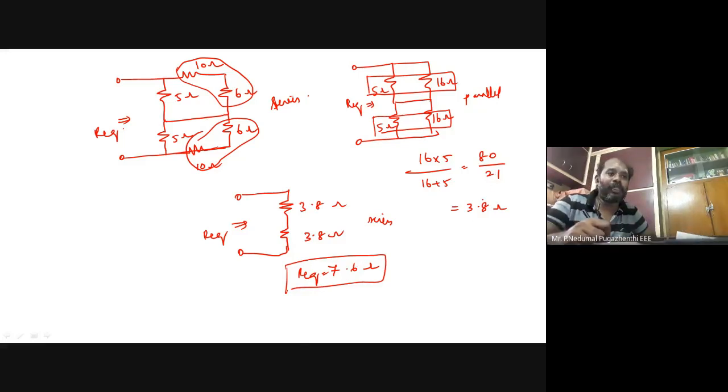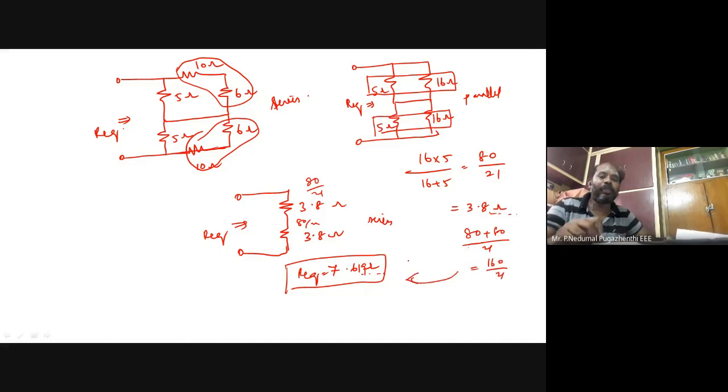If you take more decimals, you will get some more accurate values. 80 by 21, if you take 2, 3, 4 decimals, you will get it more accurate. I think I am getting 7.619. I keep this as 80 by 21. This is also 80 by 21. So I will have 80 plus 80 by 21, so I will get 160 by 21. 160 by 21 gives me 7.619 ohms.